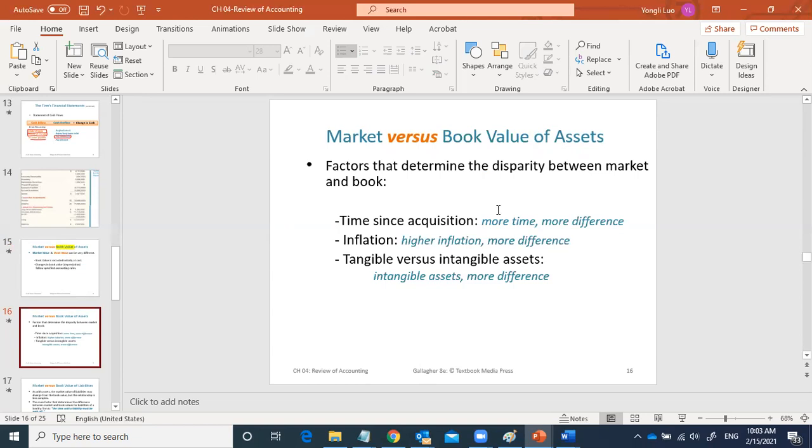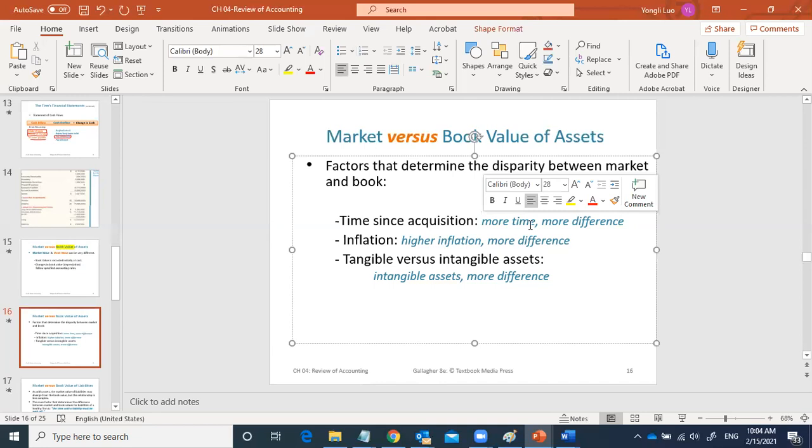So what are the factors that determine the disparity between the market value and the book value? For example, time since acquisition. The more time since the acquisition occurred, the more differences it is going to generate. We call this window dressing.